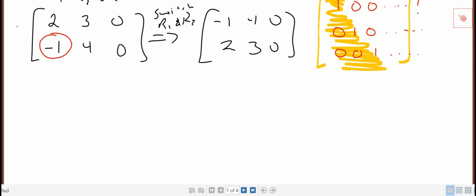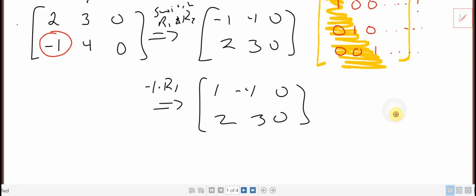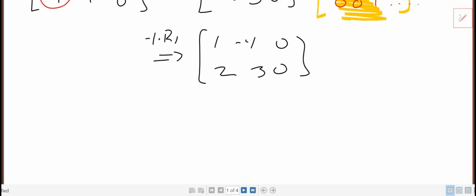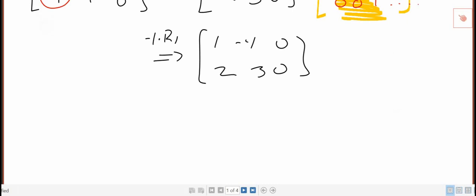And now I want a positive 1 there, so I'm going to multiply negative 1 times row 1. 1, negative 4, 0. And so I've reached goal number 1. I've got a 1 in the top left corner. Now what I want to focus on is right here, I need a 0. Well, how do I do that?